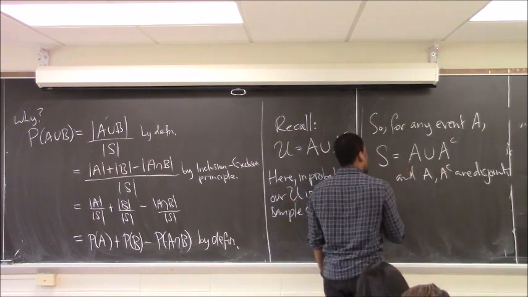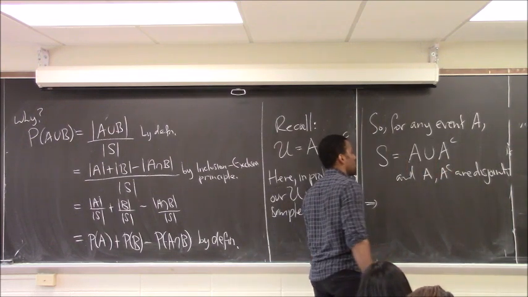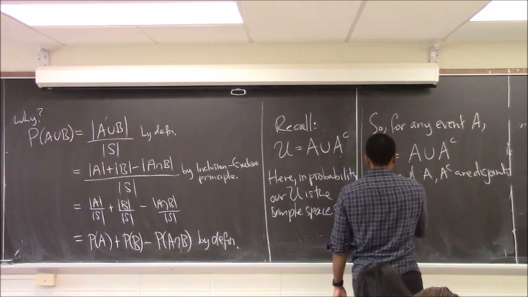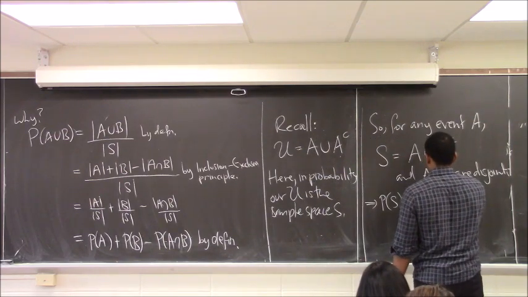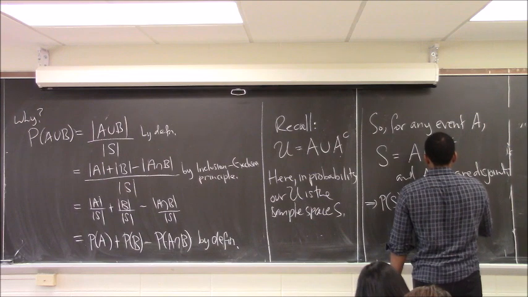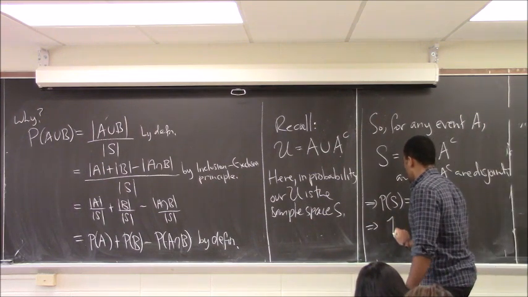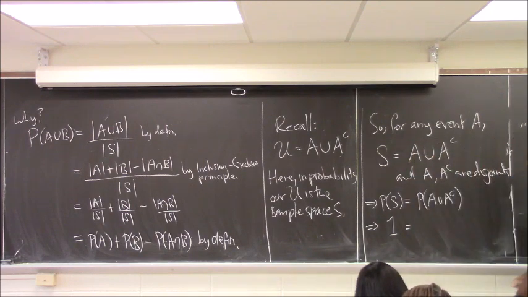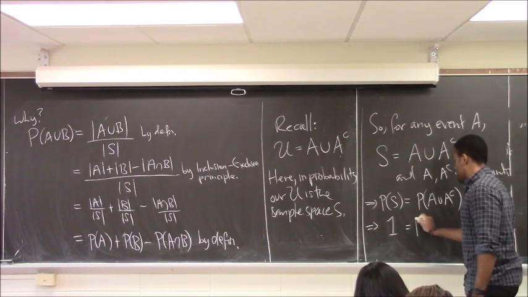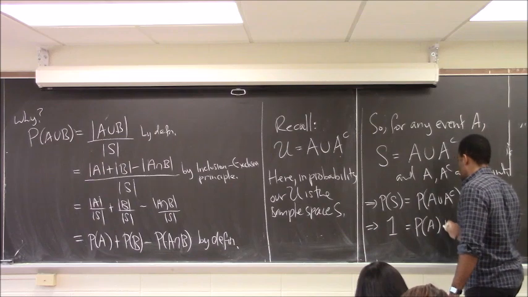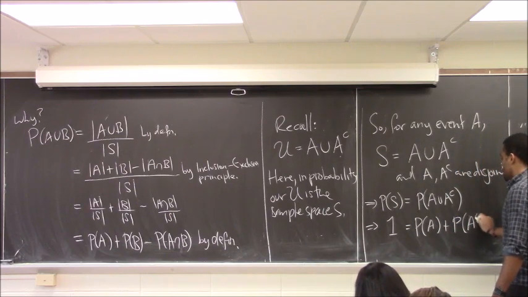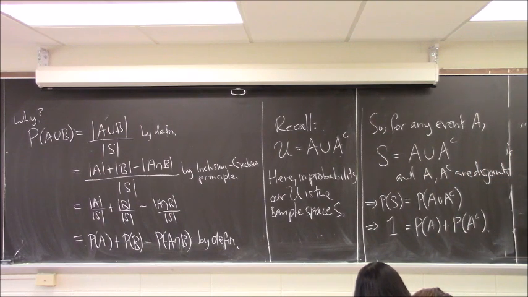And this means that the probability of S happening is going to be exactly the same as the probability of A union A complement happening. We know that the probability of S is 1, that's by the axiom of probability, and we know the probability of the union of disjoint things is just the sum of the probabilities of those things, again by another axiom of probability.